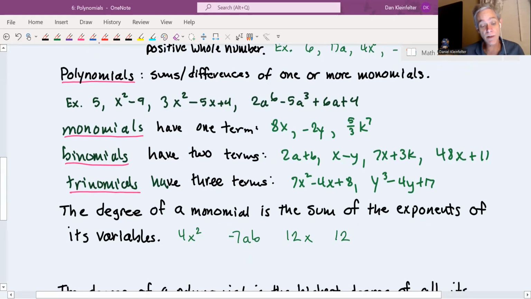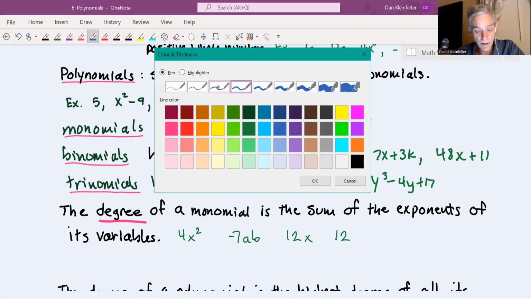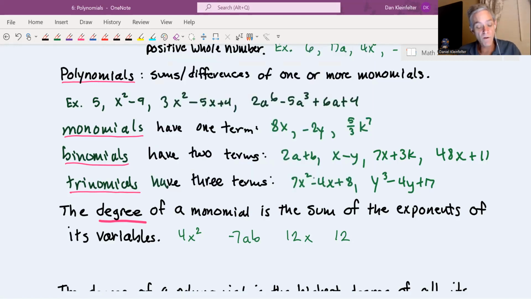Next thing is the degree of a monomial. The degree of a monomial is the sum of the exponents on its variables. For 4x squared, I'll start writing some answers here. For 4x squared, this is going to have degree 2. There's only one variable, and it has an exponent of 2.